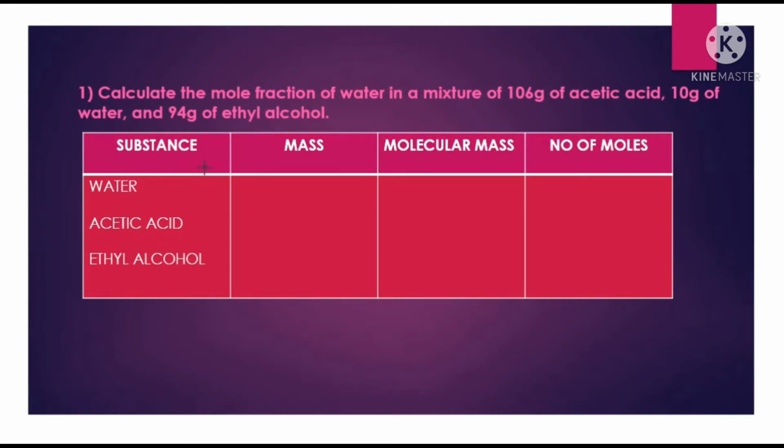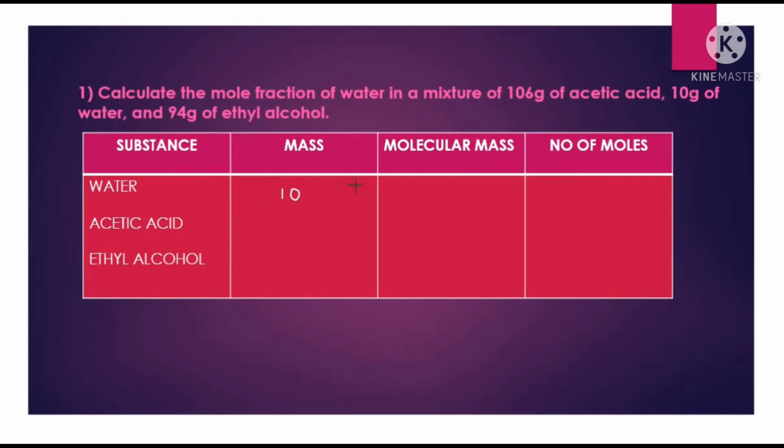I have already drawn the tabular column here. In the first column I have taken the substance, second mass, then molecular mass and then number of moles. Now let us substitute all the values here, then it would be easy. Water: what is the mass of water given? 10 grams. So let us write 10 here. What is the molecular mass of water?